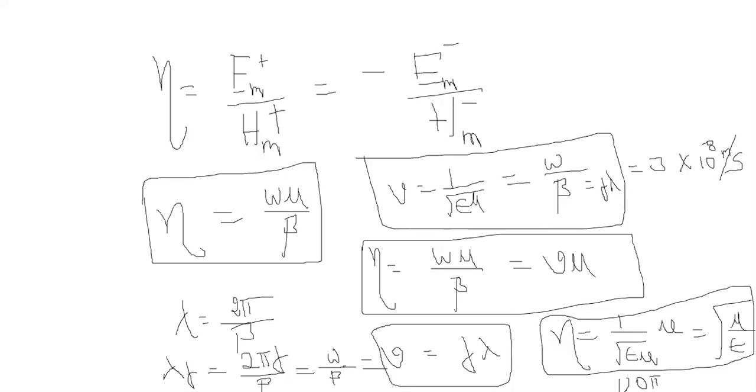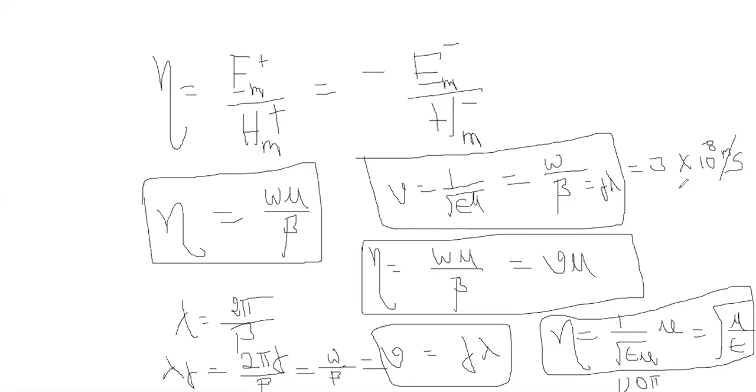The velocity is 3 into 10 to the power of 8 meters per second. You substitute mu is equal to 4 pi into 10 to the power of minus 7, epsilon is equal to 8.854 into the power of minus 12. Simplify that, the velocity will be approximately equal to 3 into 10 to the power of 8.